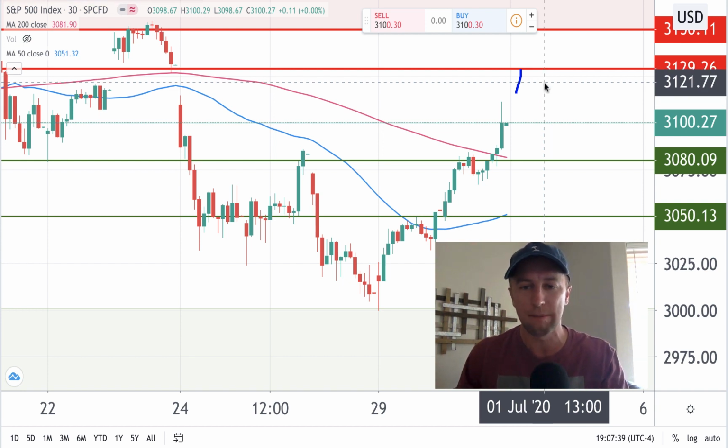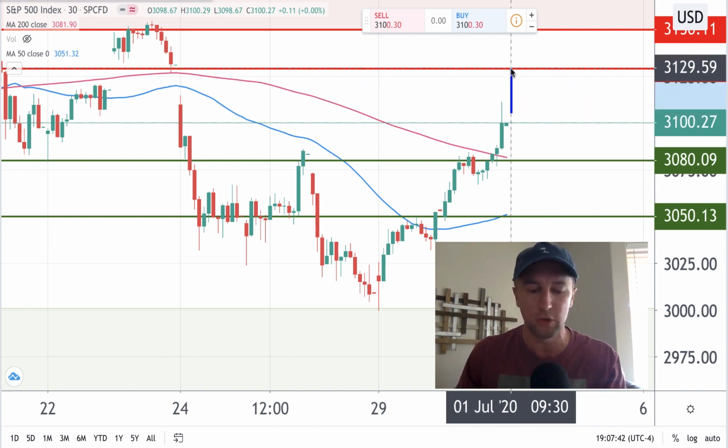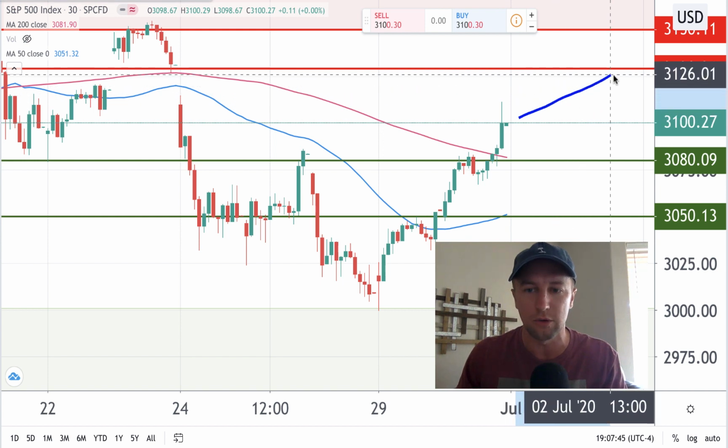So keep in mind there's a difference between an overextension move and a nice slow steady move up, because that would be more bullish than anything.